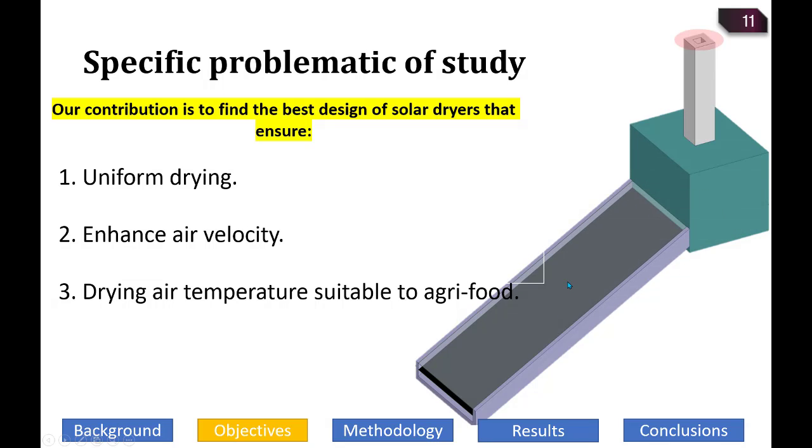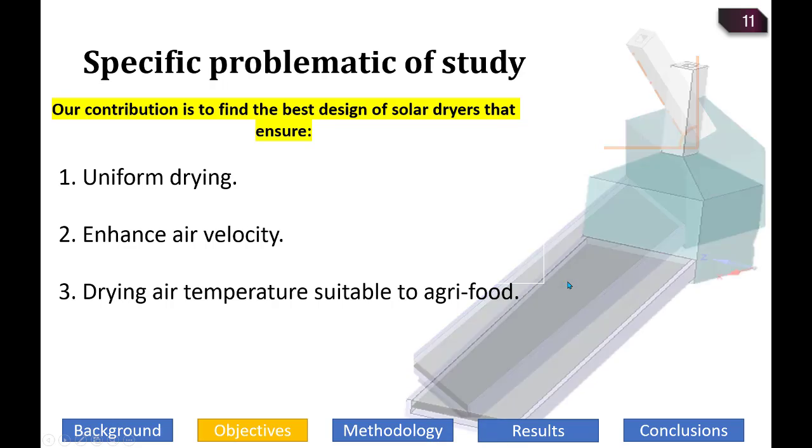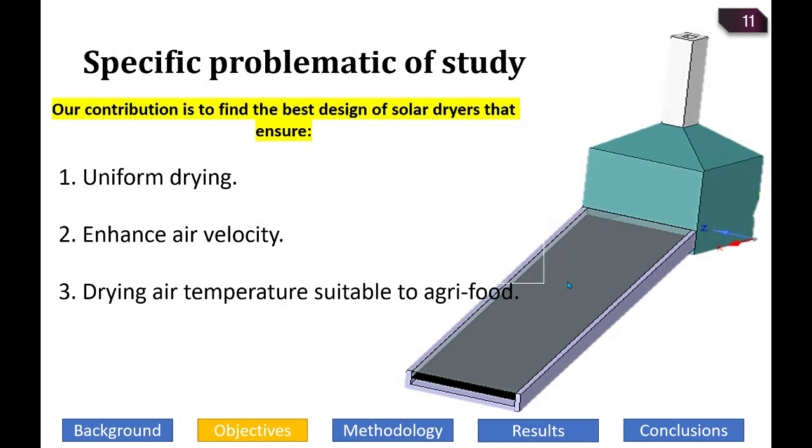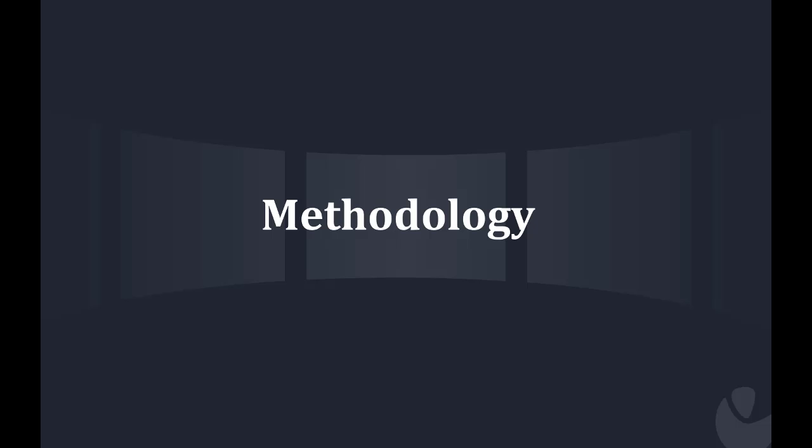In this study, we have used indirect solar dryers to find the best design of solar dryers that ensures uniform drying, enhances the air velocity, and also reaches the drying air temperature suitable for agri-food products.